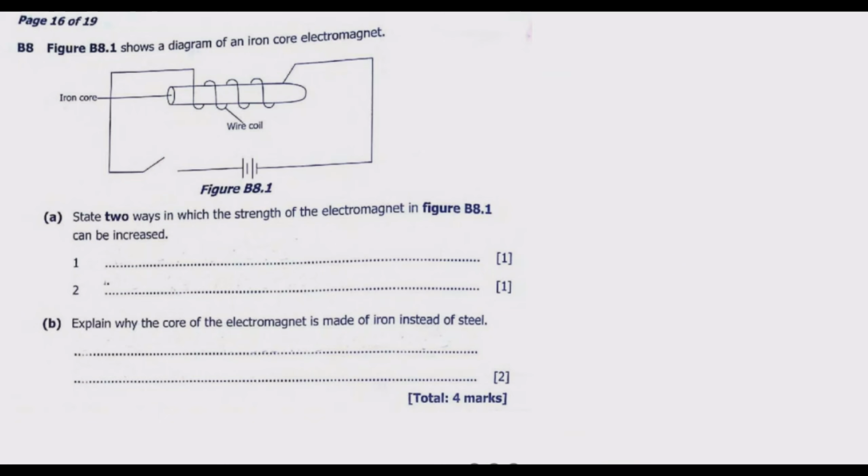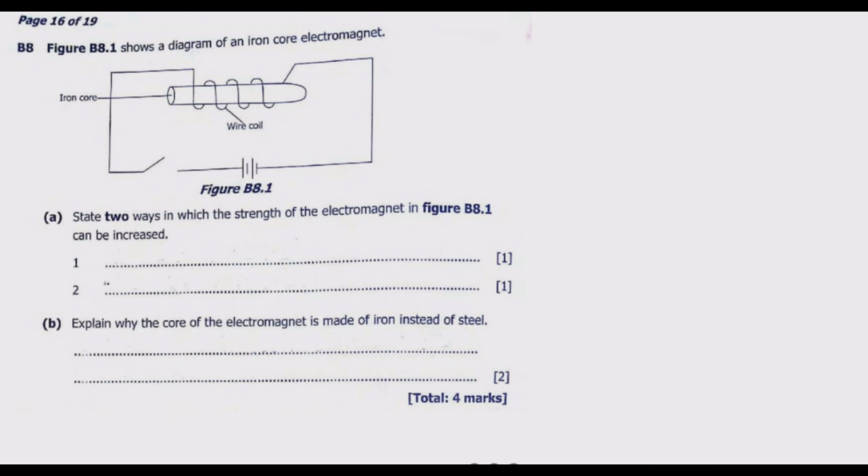Let us look at question B8. Figure B8.1 shows a diagram of an iron core electromagnet. State 2 ways in which the strength of the electromagnet in figure B8.1 can be increased.